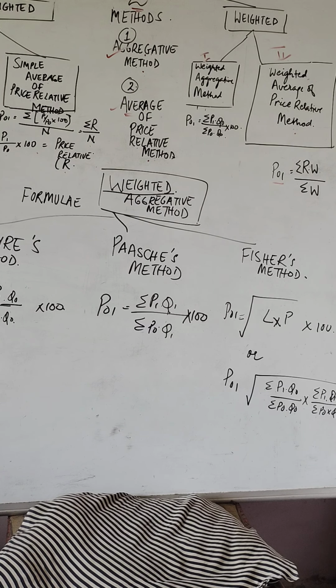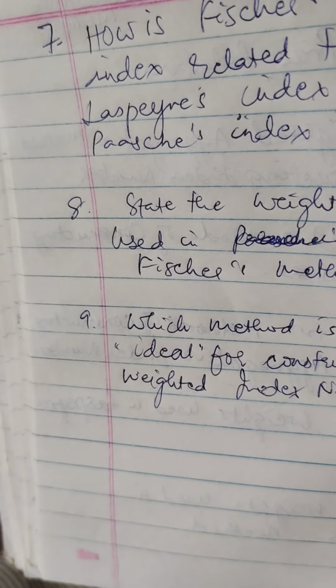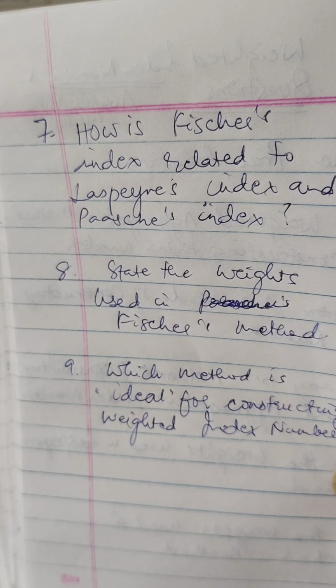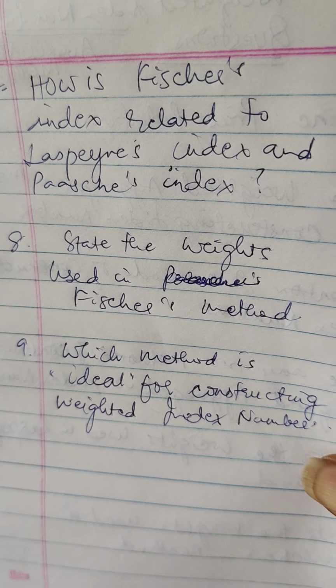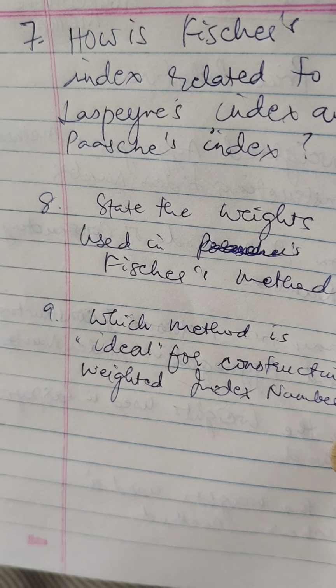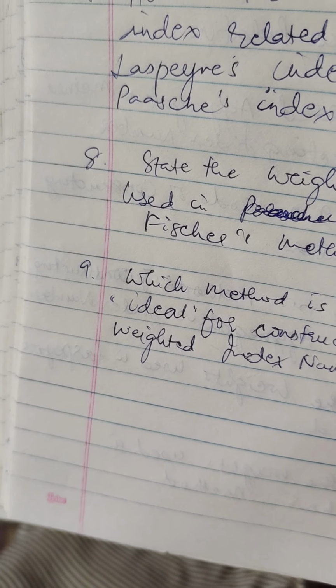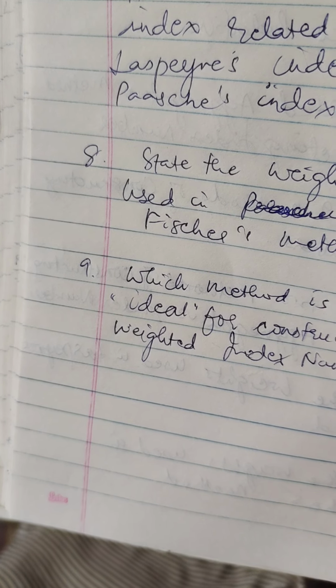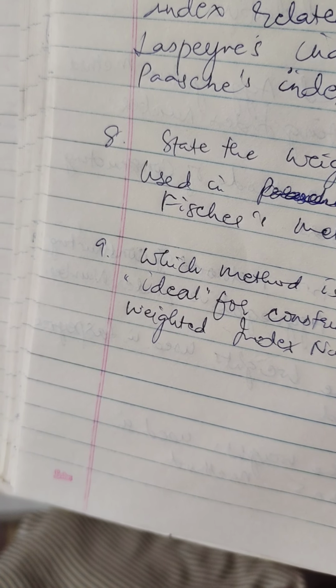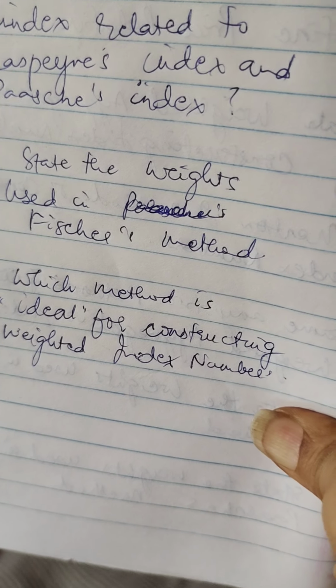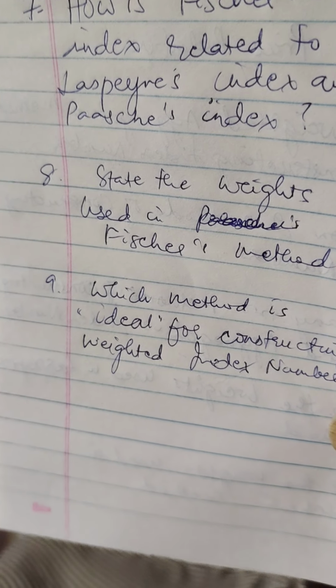So the next question could be, how is Fisher's index related to Laspeyres' index and Paasche's index number? So Fisher's index is the geometric mean of the Laspeyres' and Paasche's index numbers. Alright, so that's how it's related.